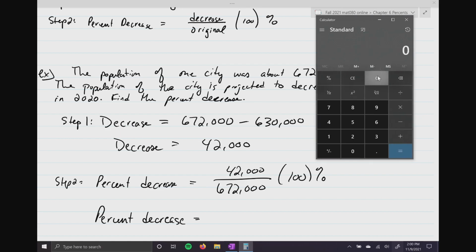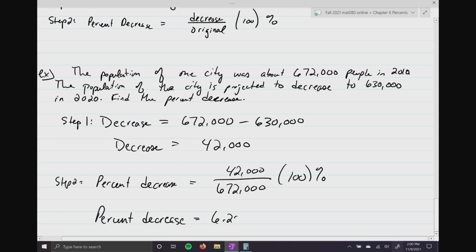Let's clear it out. So we got 42,000 divided by 672,000. It's going to equal 0.0625, and if we multiply this by 100, we get 6.25%. And that is our percent decrease.